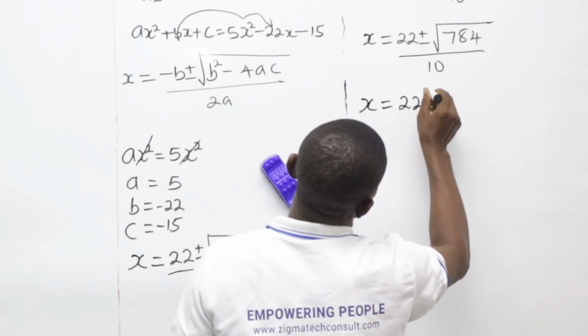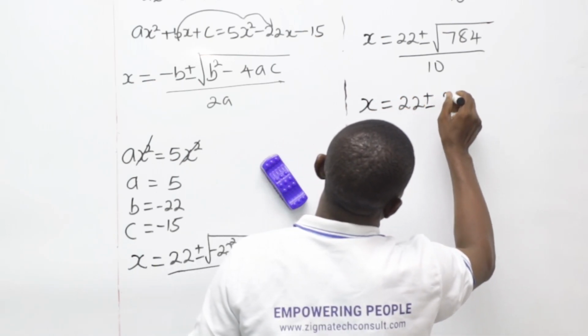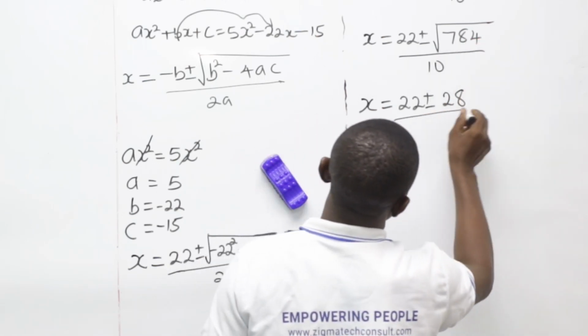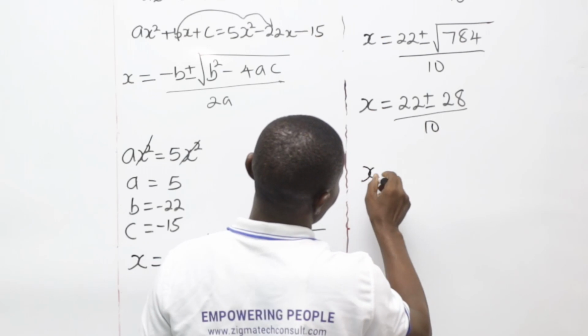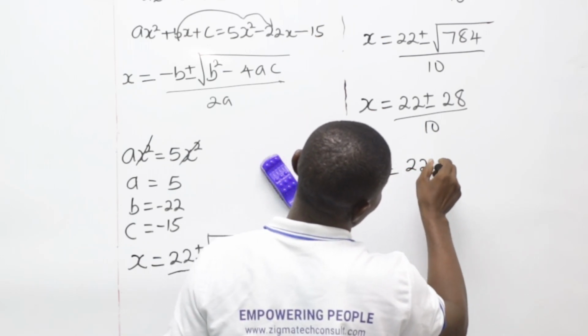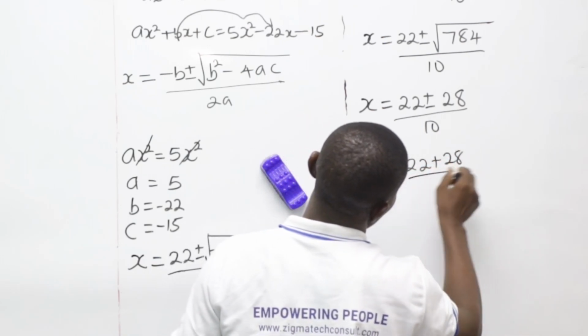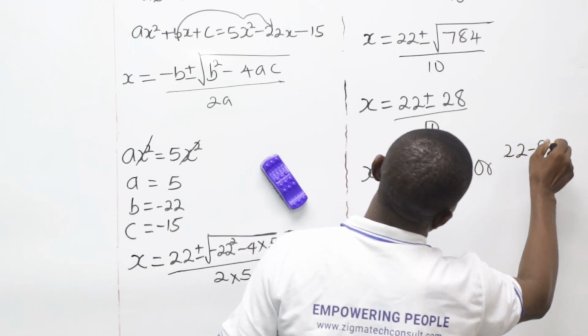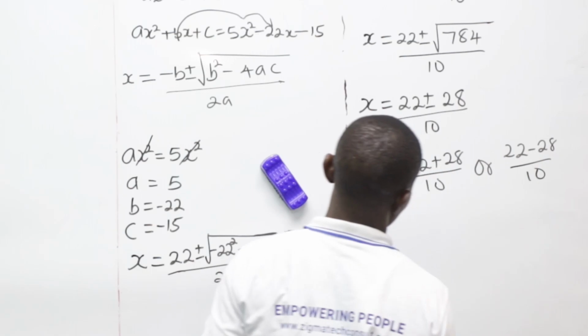This is 22 plus or minus 28 because the square root of 784 is what? 28, divided by 10, so that x will be what? Either 22 plus 28 all over 10, or x will be 22 minus 28 all over 10.